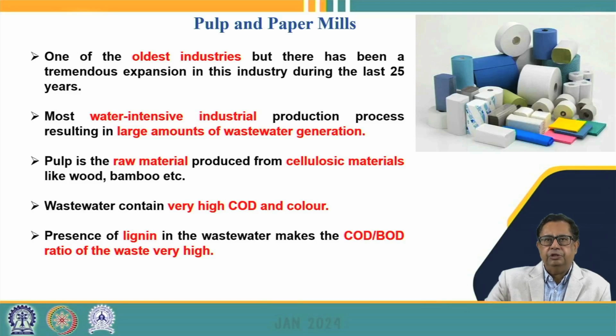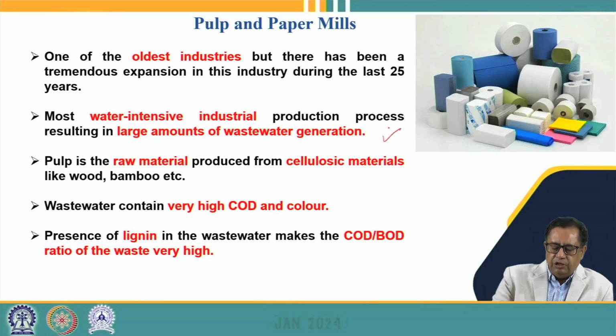So this completes our tannery wastewater part, and now we go on to the next industry, that is the pulp and paper mills. So these pulp and paper mills are also one of the oldest industries, as we have seen that the tannery industries are one of the oldest industries. So here also pulp and paper is a very old industry, and it has seen a tremendous expansion during the last 25 years.